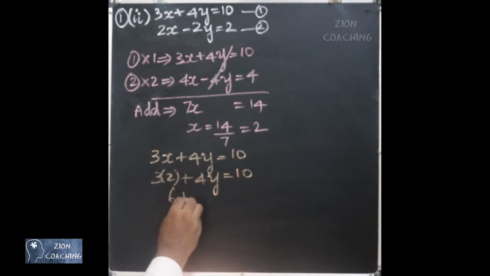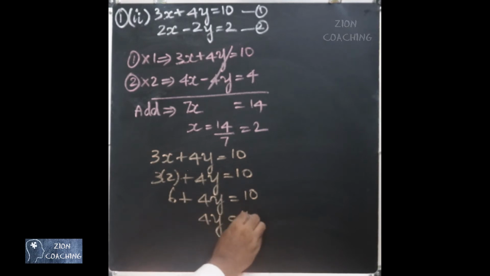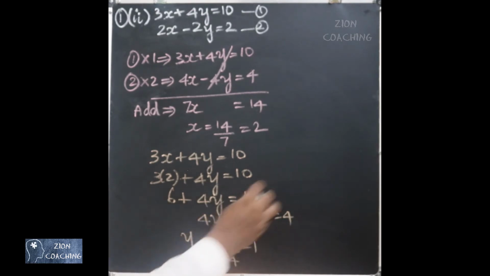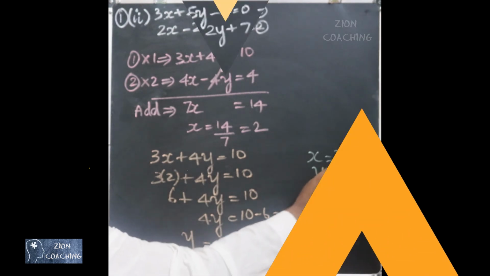That is 6 plus 4y equal to 10. 4y is going to be 10 minus 6, which is nothing but 4. Then y value is going to be 4 divided by 4, that is equal to 1. Now we have found both the values. X is equal to 2 and y is equal to 1.